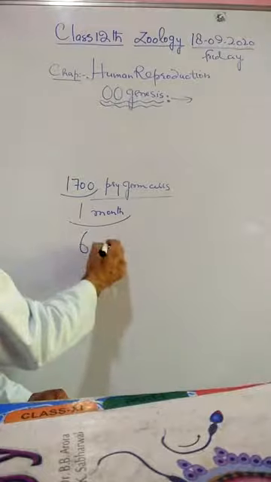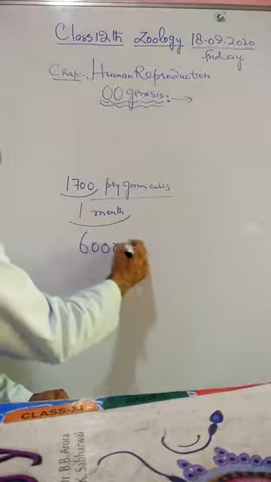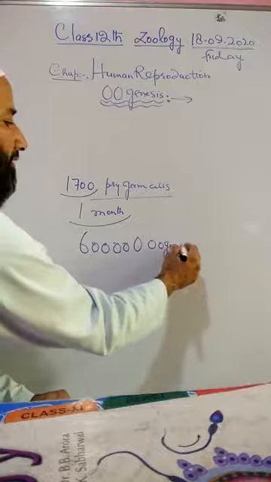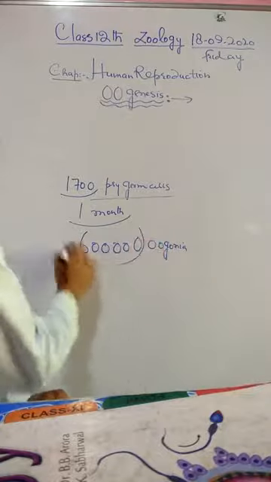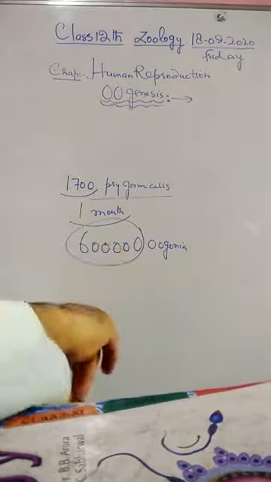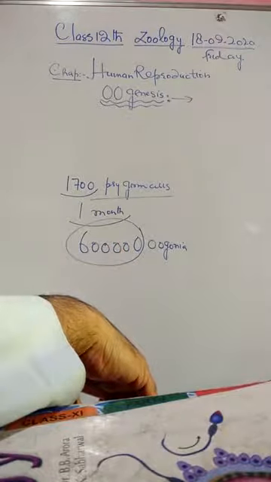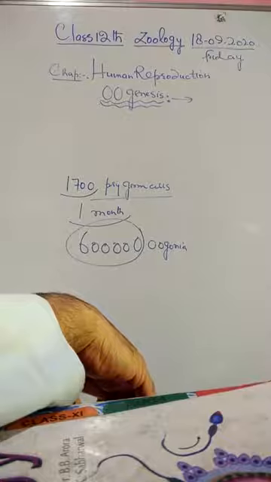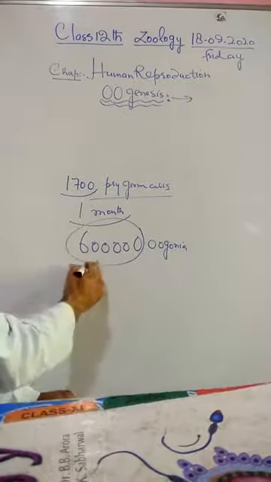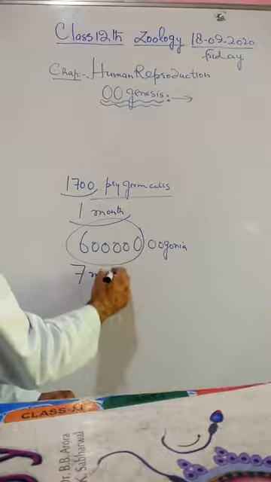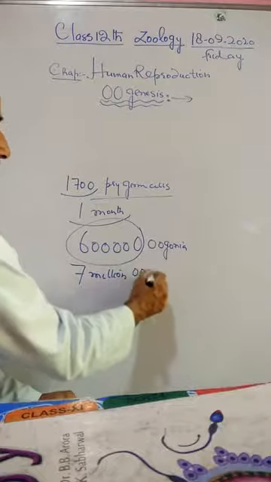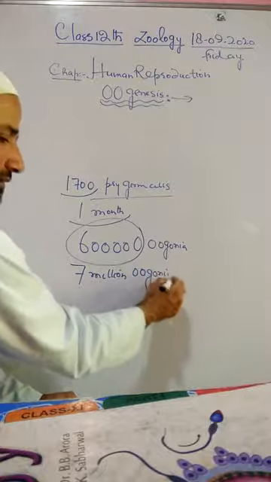These proliferate to form about 6 lakh oogonia at 2 months of gestation period, and by the 5th month, the ovaries contain over 7 million oogonia.